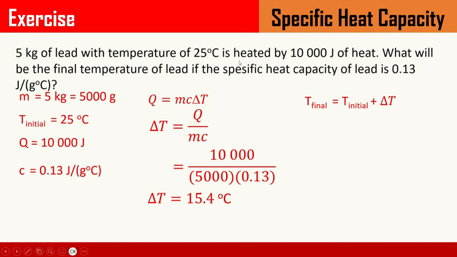If later the question says cooled down, of course the final one will be lower than the initial. But here, since it is heating, you have to add it. So 25 plus 15.4, that is the final temperature. That is the end of the explanation.